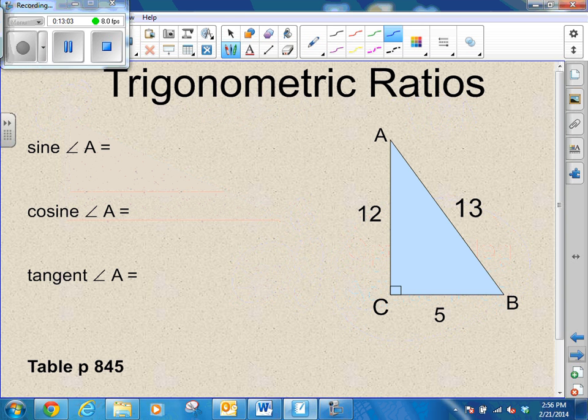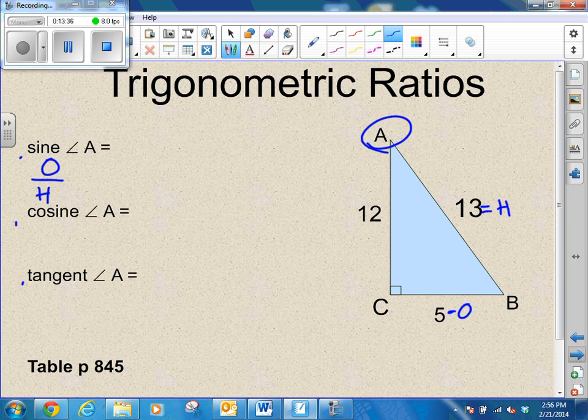You're going to have problems like this where it just says evaluate. What you're going to do is pay attention to what they give you, sine of A, cosine of A, or tangent of A, and you're going to go to that degree. You're going to stand there. So if I go to angle A, sine of angle A is opposite over hypotenuse, correct? Because that's the SO part of SOHCAHTOA. Opposite of A is my 5.